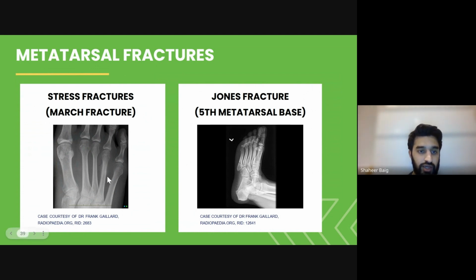You can see there's an early callus formation around the distal shaft or the diaphysis of the fourth metatarsal, and we can also see there's a transverse fracture at the proximal metadiaphysis of the fifth metatarsal on this side. Sorry, metatarsal. I always get those mixed up.